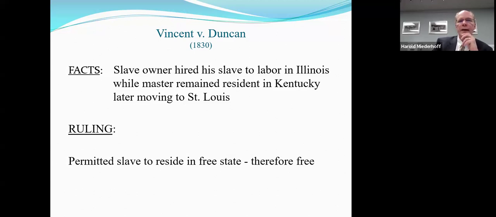Vincent sued for freedom because he had worked in Illinois. The court ruled that there was an intent by the master to allow the slave to reside in a free state. Therefore, the slave is free. So Vincent earned his freedom because he actually stayed and worked in Illinois much longer than the gentleman that just worked off the boat on the Mississippi River. So there's, again, a timing distinction there. How long do you stay in the free state?